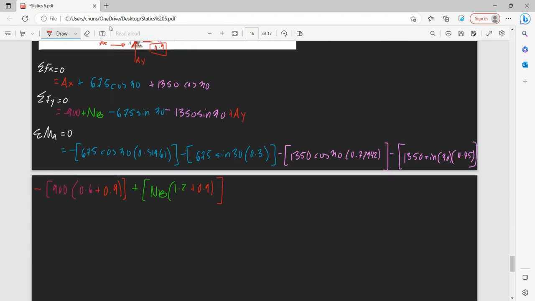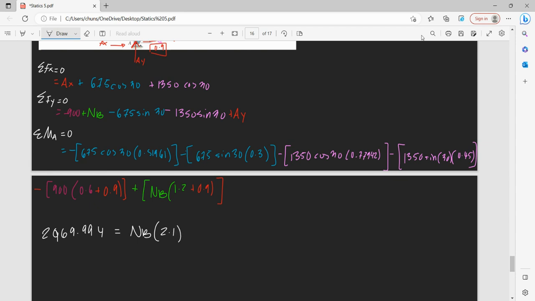Okay. So let's solve for NB in our moment equation. So I'll be back with the calculations. After we moved all of our negative terms over, that gives us 2,969.994 is equal to NB times 2.1, since 1.2 plus 0.9 is 2.1.